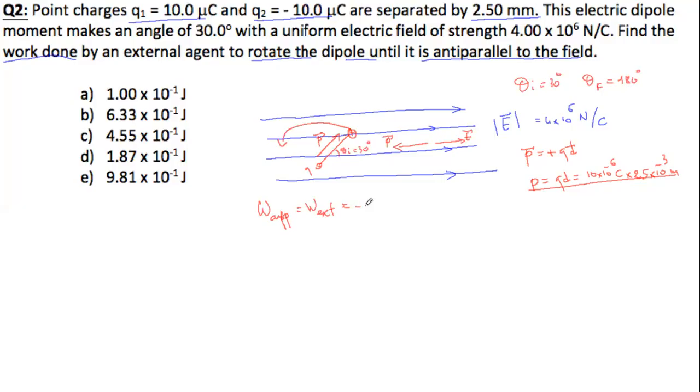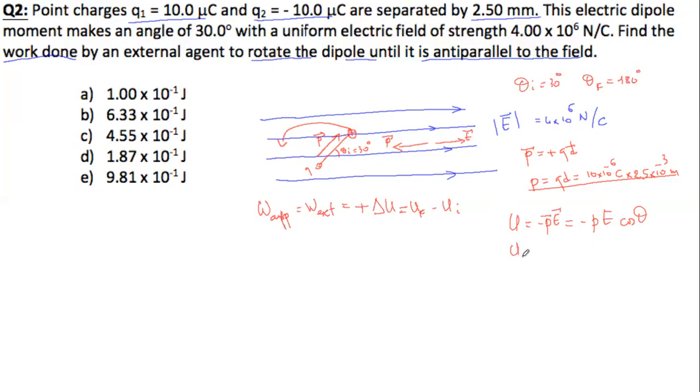And work applied, as we studied, is plus delta U, meaning it's U final minus U initial. Now what is U final and what is U initial? You know that U is minus PE, the product P dot E, which is minus magnitude of P, E, cosine the angle between them.